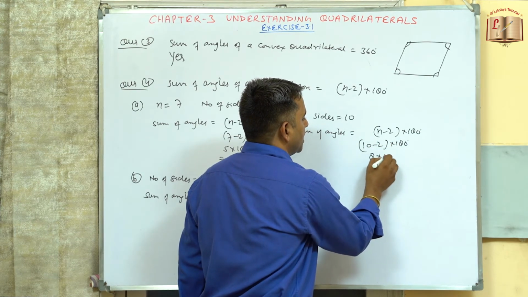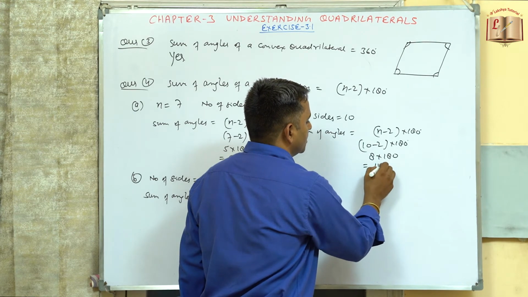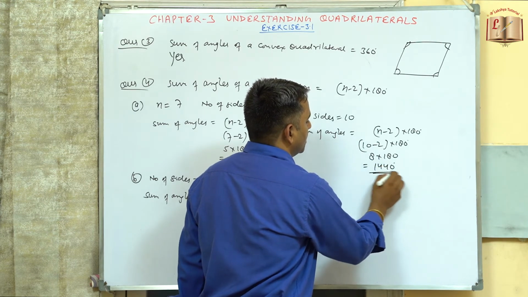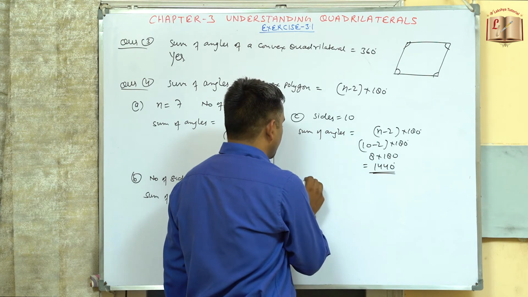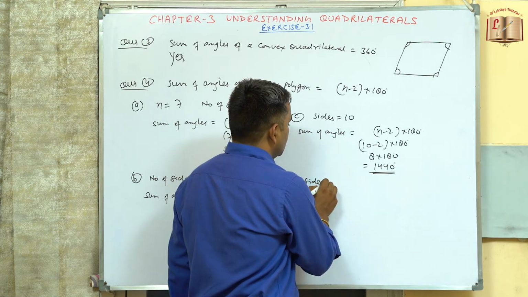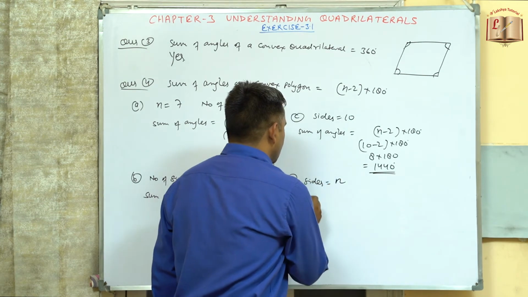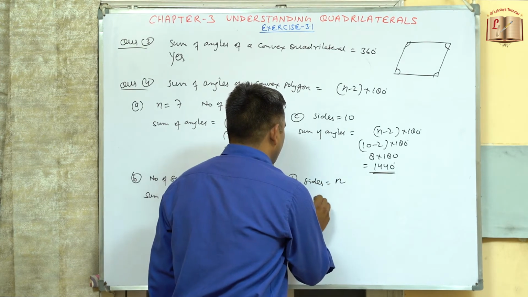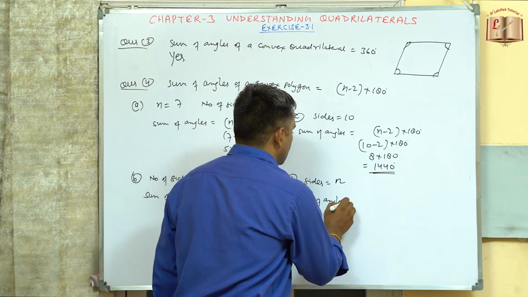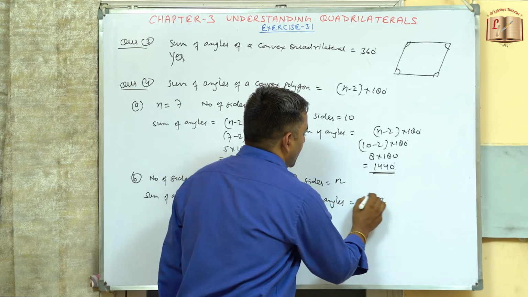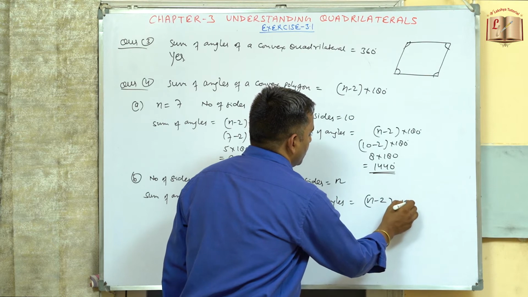So this is now 8 into 180, 1440 degrees. So coming to the D part, now sides are given to us. In D part, side is n. So the sum of angles will be equals to the same, n minus 2 into 180.